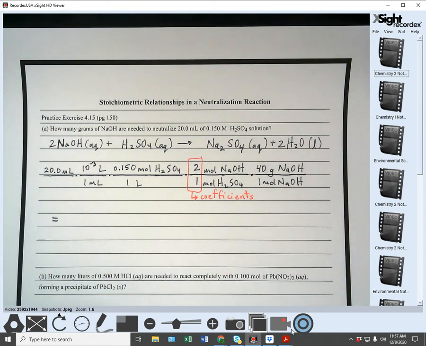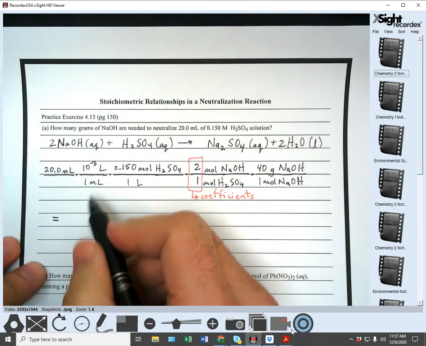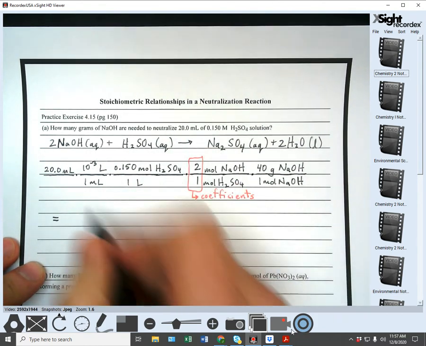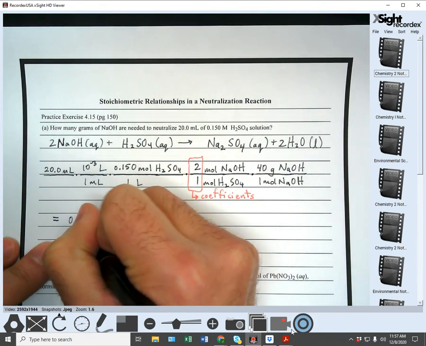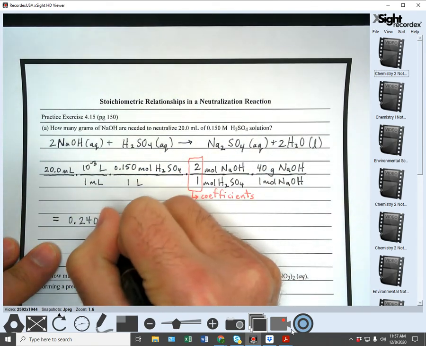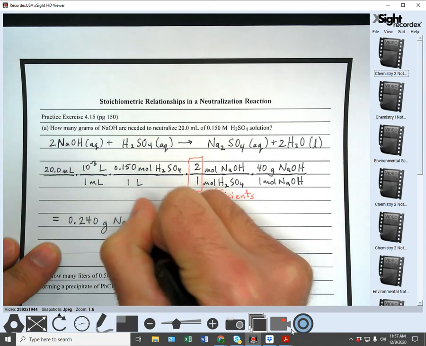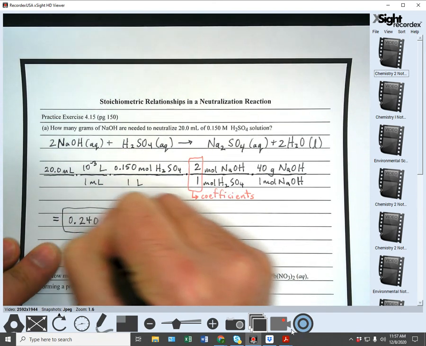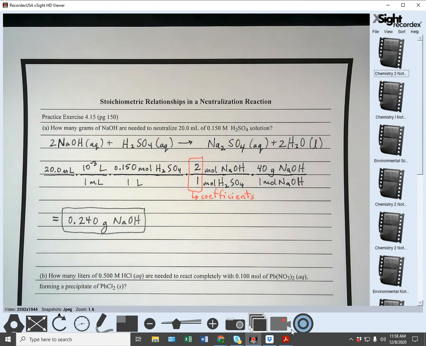Okay, now I just do the math. And I get, okay, significant figures, 3 and 3, so I get 0.240 grams of NaOH. Our answer. Okay, so that's for part A.